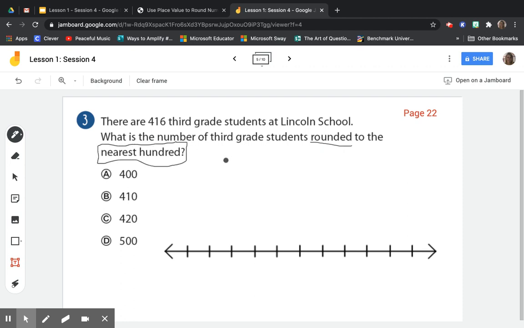Last time, there are 416 third grade students at Lincoln School. What is the number of third grade students rounded to the nearest 100? My magic number, 416. Now, when I look at the number 416, I'm going to look at the hundreds place. I'm looking at the 2 neighbors of 416. I know I have 400 because it stays the same.